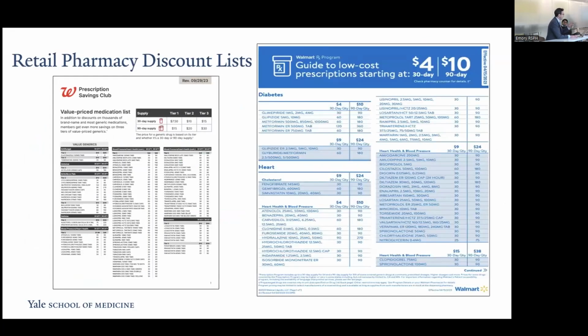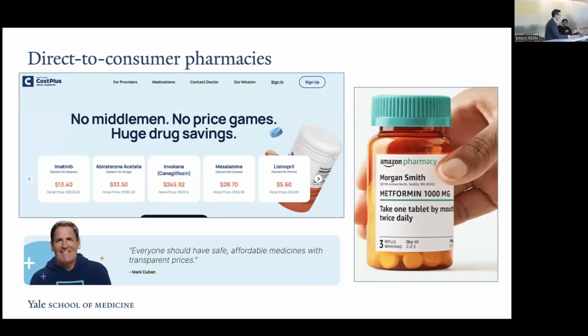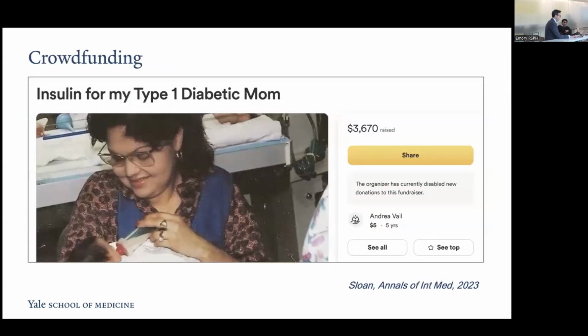Walmart and Walgreens all have discounted drug lists. You can go to price comparison tools like GoodRx if your patient doesn't have insurance, and type in Ozempic and see what the out-of-pocket cost is for a month. There are direct-to-consumer pharmacies, trying to take out the middleman. Mark Cuban and Amazon are trying to do this in different ways. So a lot of Band-Aids on systemic issues.